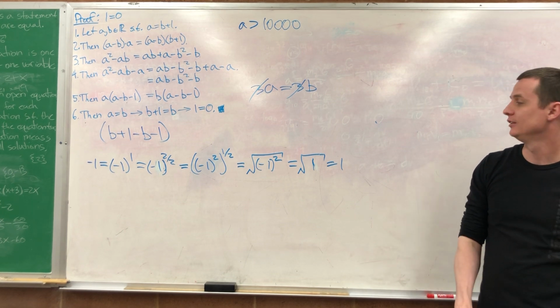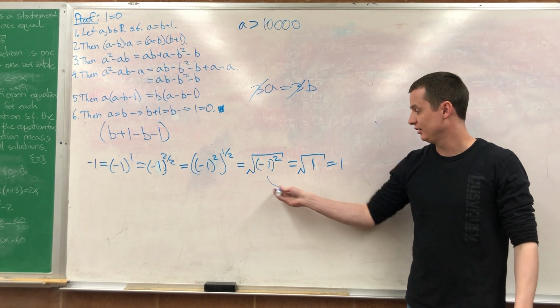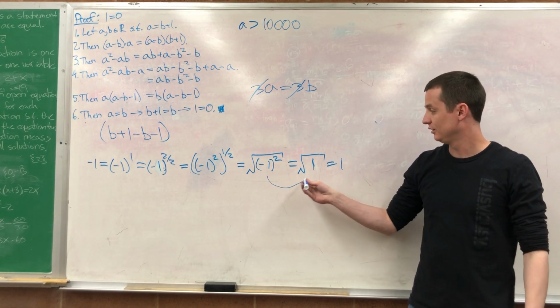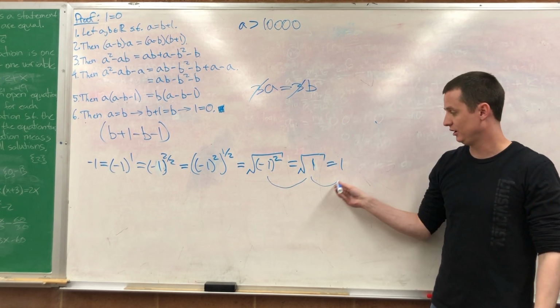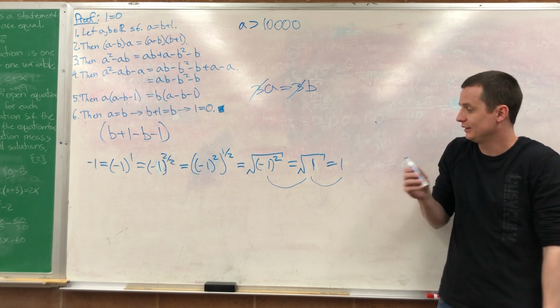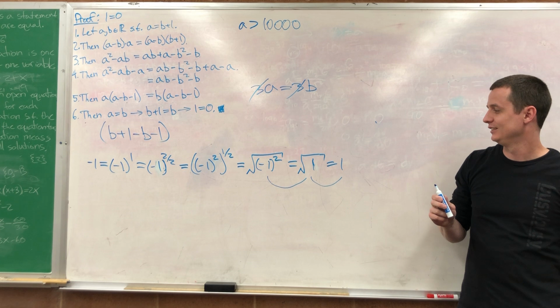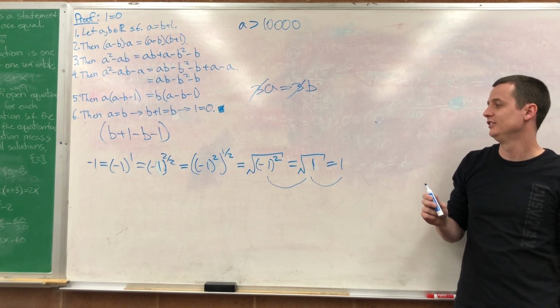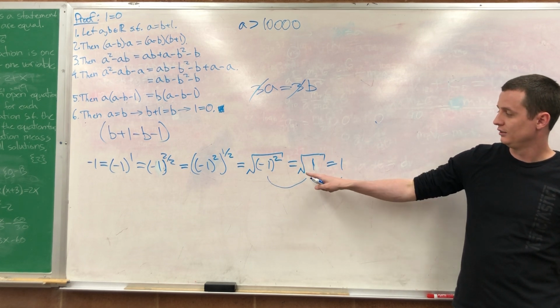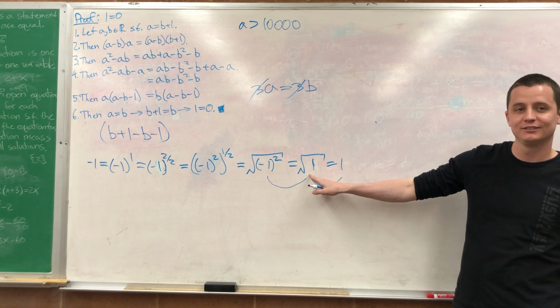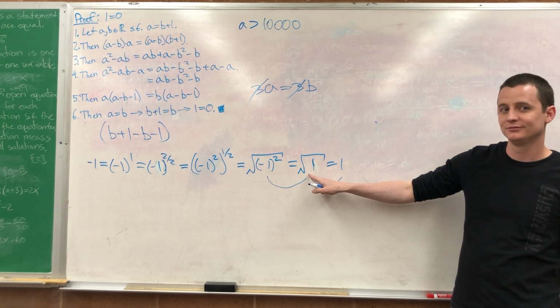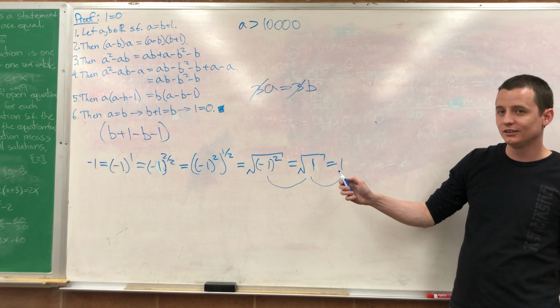You're saying here to here? No, that's not the cheat. Can't it also be negative 1? No. You're taking the principal square root. Yeah, that's what that means. Oh. Okay. Never mind.